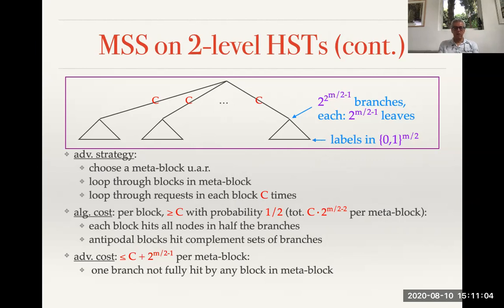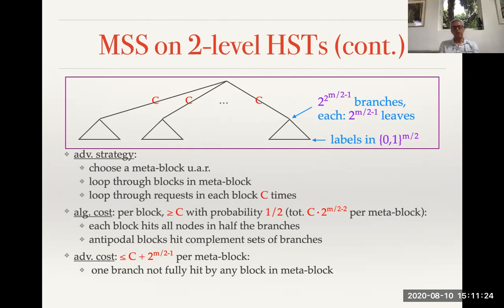Well, if you look at a particular meta block, there is exactly one branch that is never fully hit by any block in that meta block. So the adversary is going to hide in that branch.